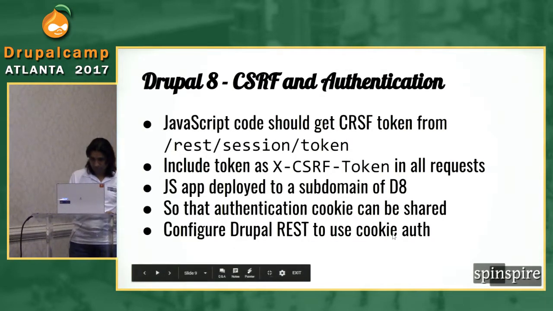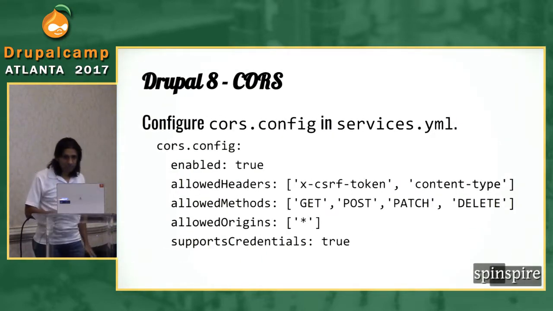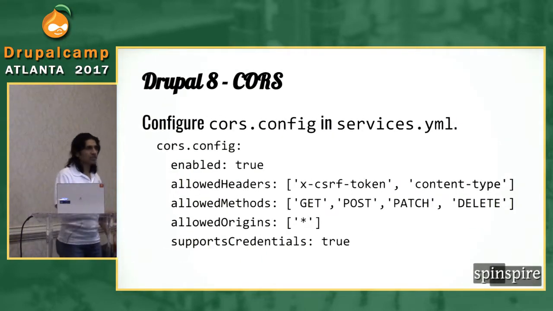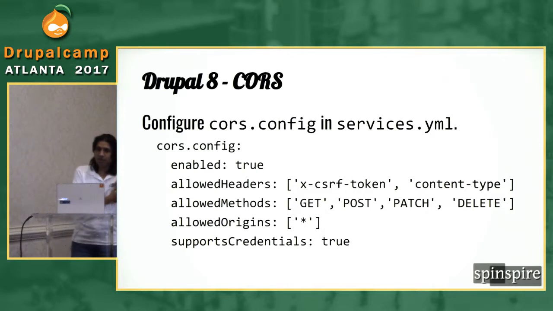So one thing that I have not gone over is this. In your services.yaml, now if you're familiar with Drupal 8, hopefully you have seen services.yaml. It is, I guess, your container configuration file. So Drupal acts as a container here, and each service is a component within that container.